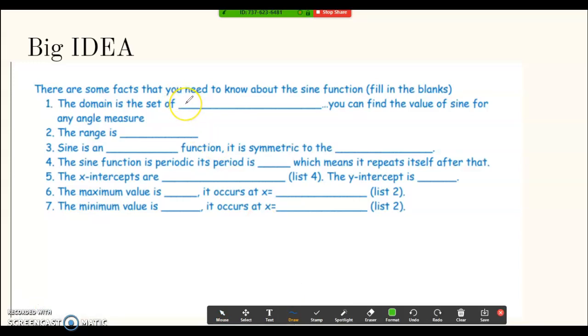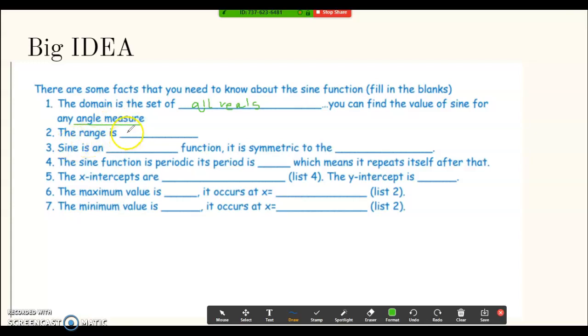It covers the x-axis completely because it just keeps going and going. So the domain is all real numbers, because we can find the sine of any angle measure.